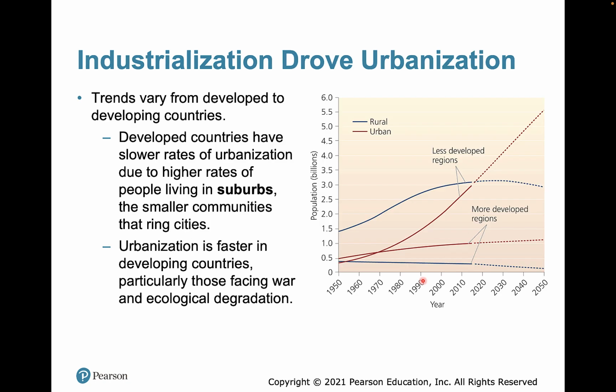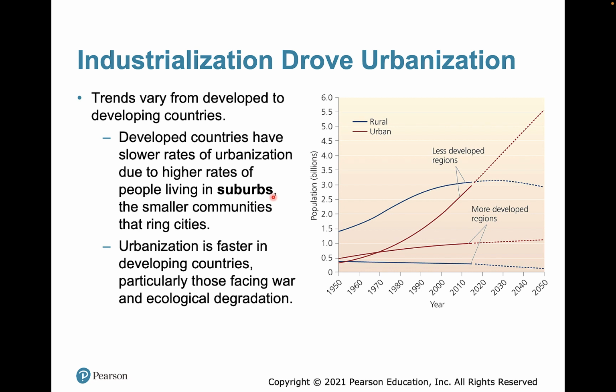We talked about that. It varies from country to country how fast urbanization takes place. In the developed countries like the United States, urbanization slowed down quite a bit as the result of people wanting to live in suburbs.